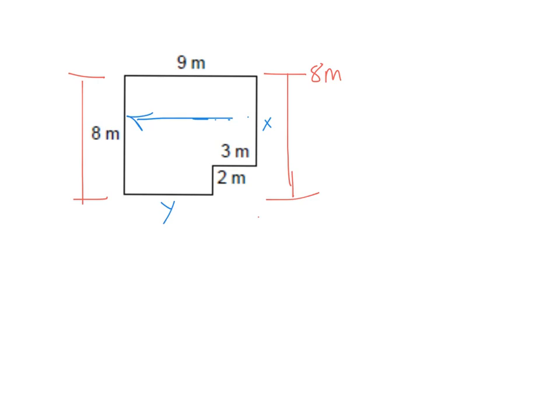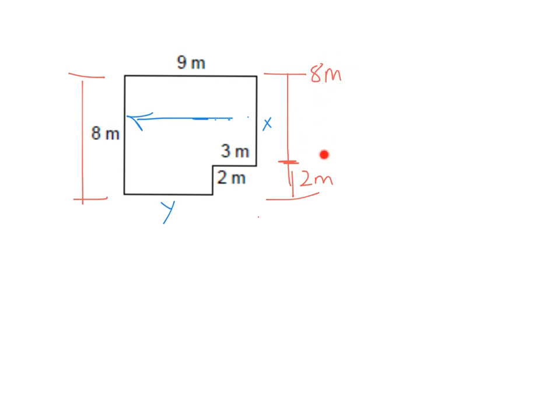Now, which part of this line do I already know? It tells me that this section here is 2 meters. In order to find x, I have to find this remaining space. So what am I going to do?